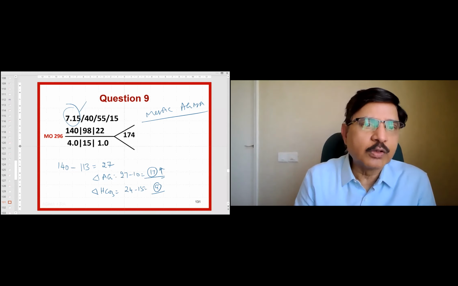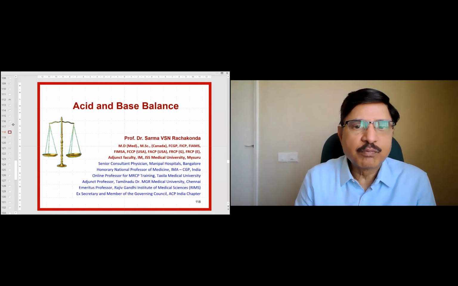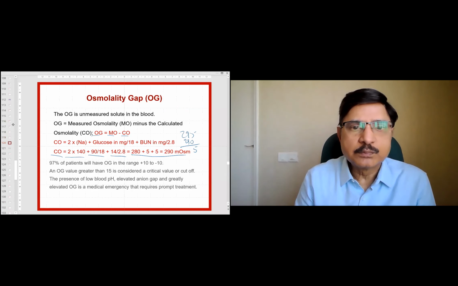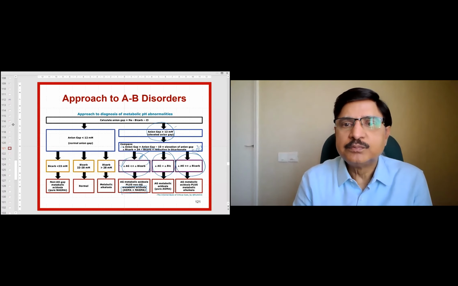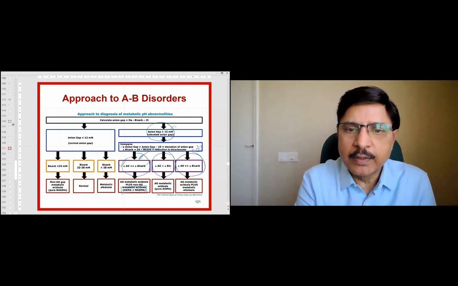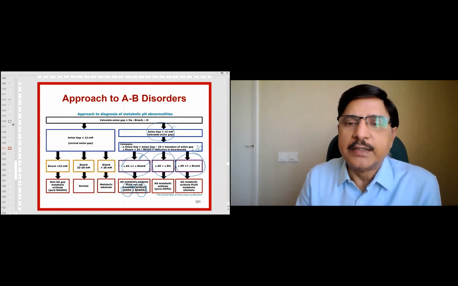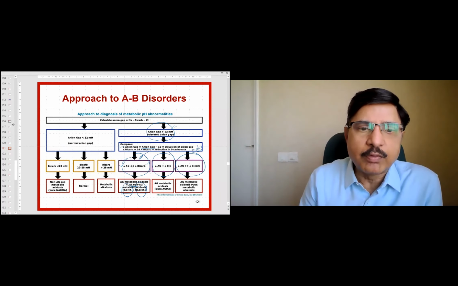So you have to go to that chart again. We are here with increased anion gap. AG is more than the bicarbonate. There is definitely AGMA, we have found out. And there could be another acidosis, maybe NAGMA, or there could be something else, which we have to find out.